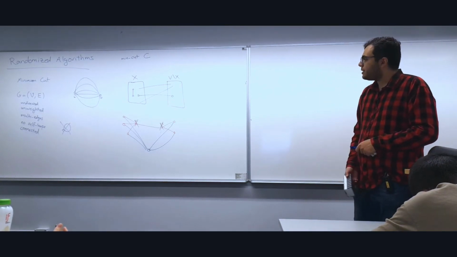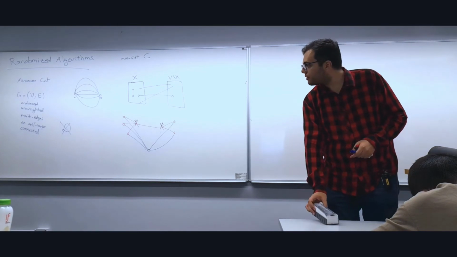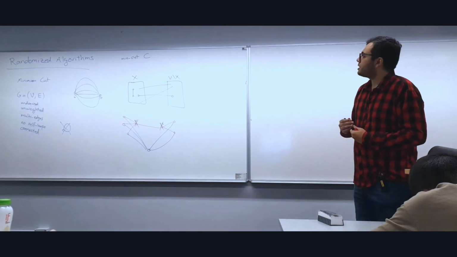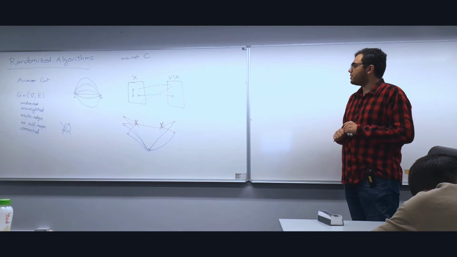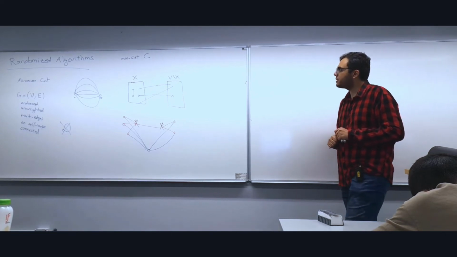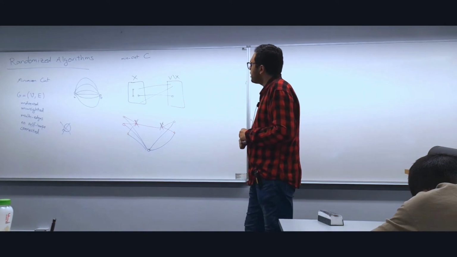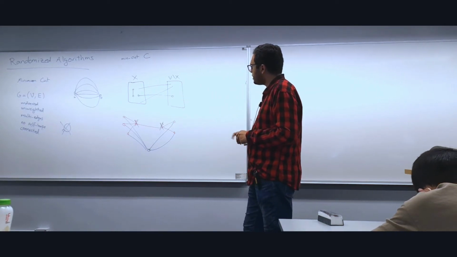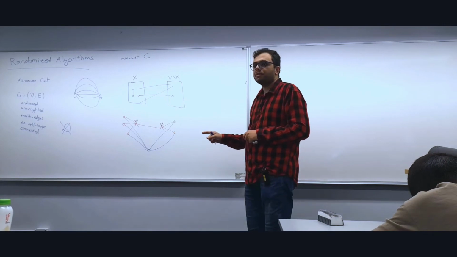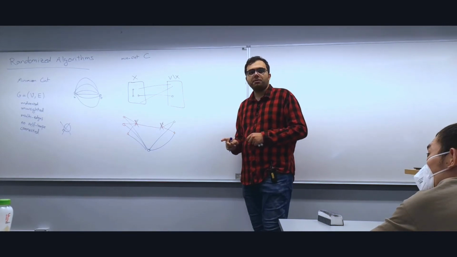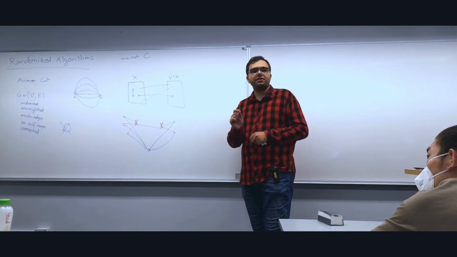But now let's analyze it and let's see what kind of probabilities we have here. So what is the probability that we do this correctly? So let's just focus on the first edge that I contract. What is the probability that the first edge was part of the MinCut?